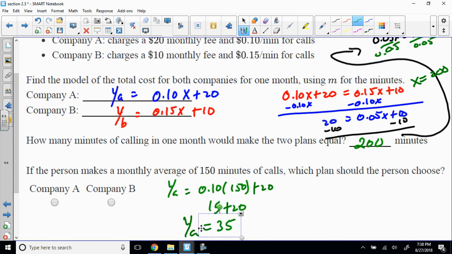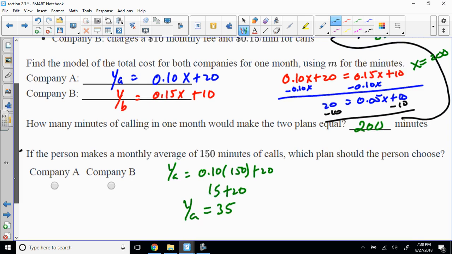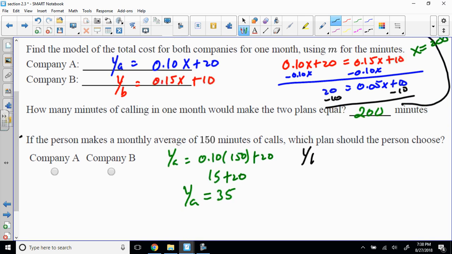So that's Y sub A, right? And then we'll do Y sub B. Company B is what? 0.15 times 150 plus $10, right? So that's 22.50 plus 10, which is what?